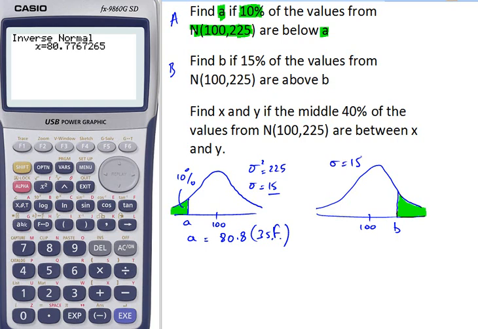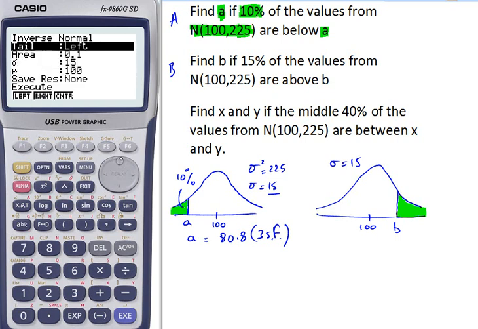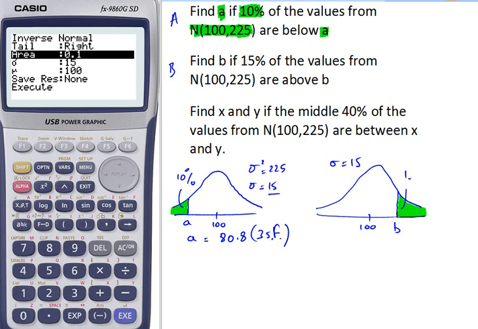Back to our calculator. Press exit, go back up here. This time, of course, you can see we're going to press F2. It's the right-hand end we're interested in. The area is 0.15. Remember, it's 15%, so that's 0.15.